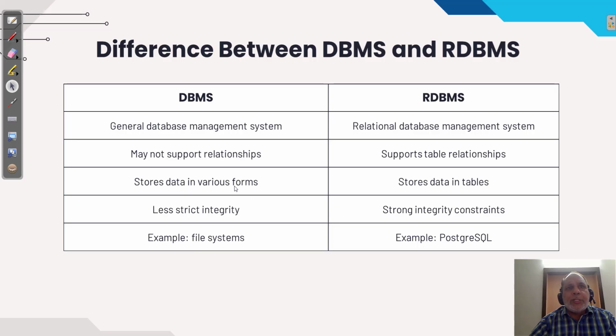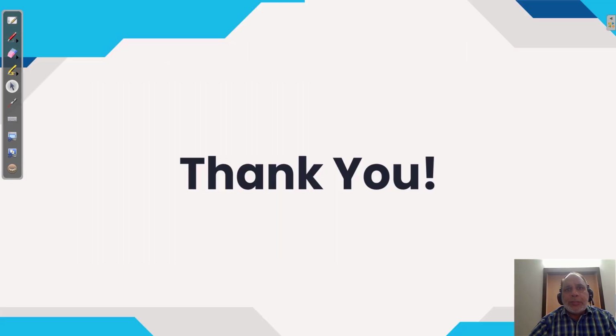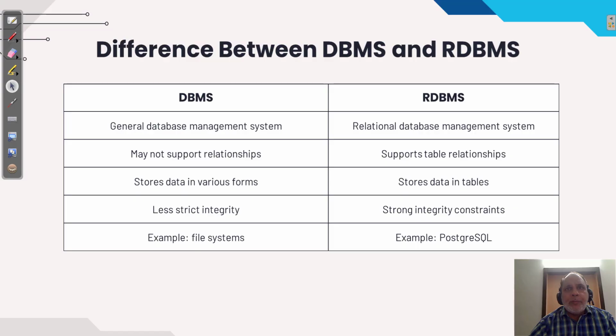DBMS stores data in various forms, for example in the form of documents, column stores, and key-value pairs, while RDBMS stores data in tables. DBMS has less strict integrity, but RDBMS has very strong integrity constraints. A DBMS example is the file system or a NoSQL database, and an RDBMS example is Postgres, which we will use in the coming videos.